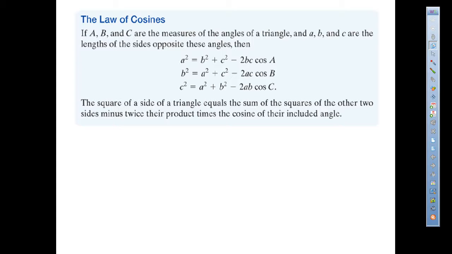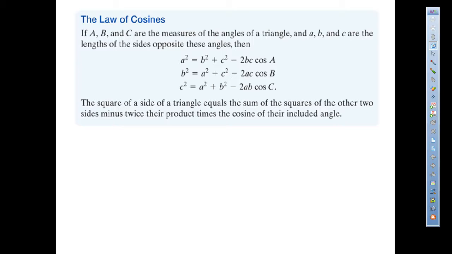You guys can read that. But what it says is this: the square of a side of a triangle equals the sum of the squares of the other two sides minus twice their product times the cosine of the included angle.